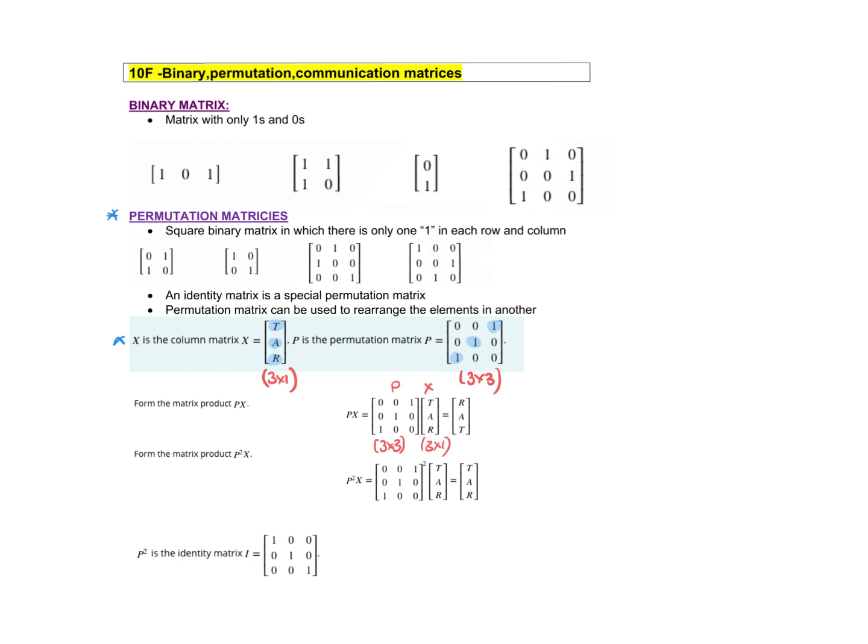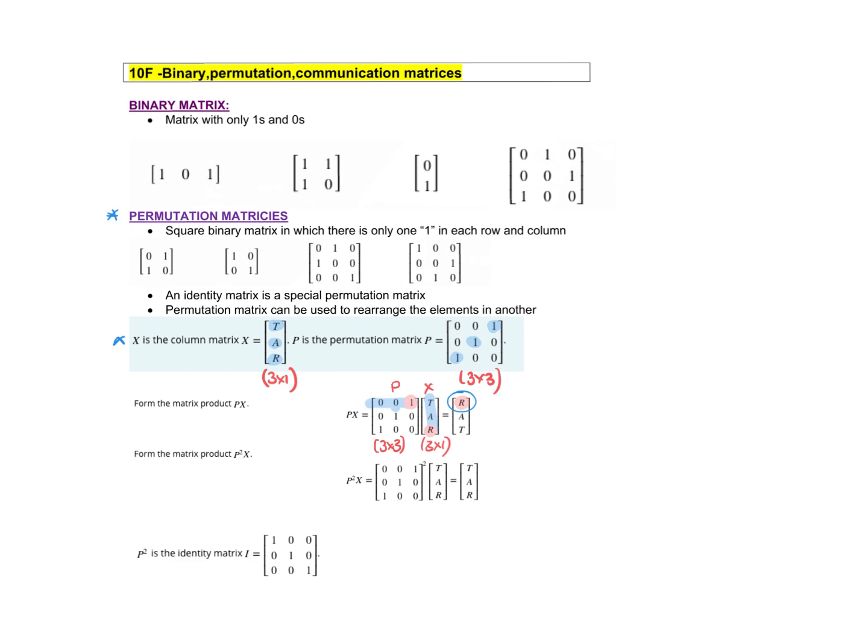Just practicing our multiplication skills, to get this first answer you would be using row 1 with this column there. So you can see 0 times t, anything times 0 is 0. What happens is where the 1 is, that makes that letter appear.